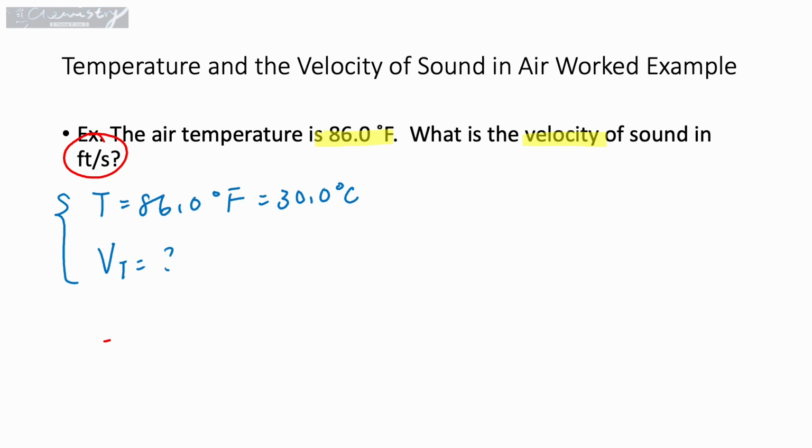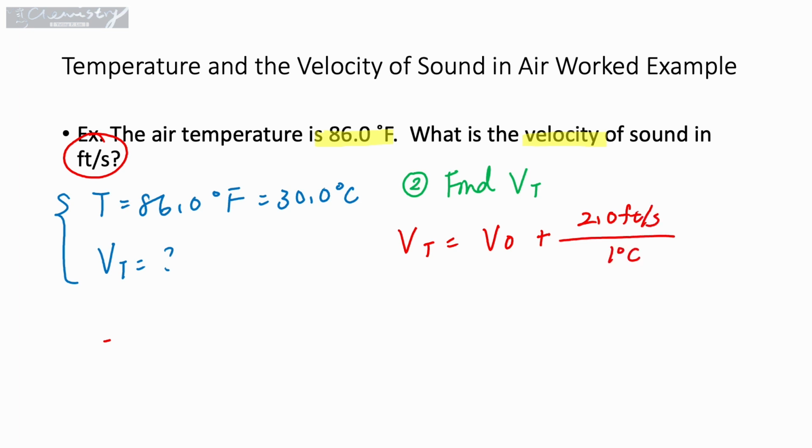Also, if we are looking for feet per second, we need to use a different equation than if we are using meters per second. I just erased it, but I'm going to write down the exact same thing: VT equals V0 plus 2.0 feet per second divided by 1 Celsius multiplied by the temperature.